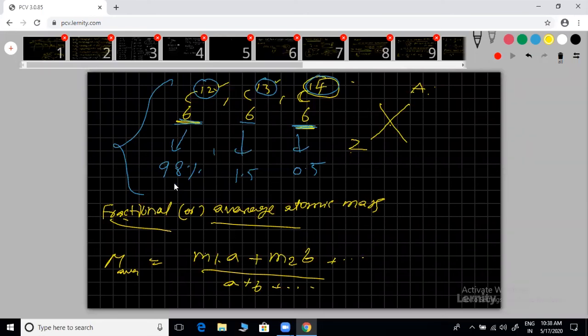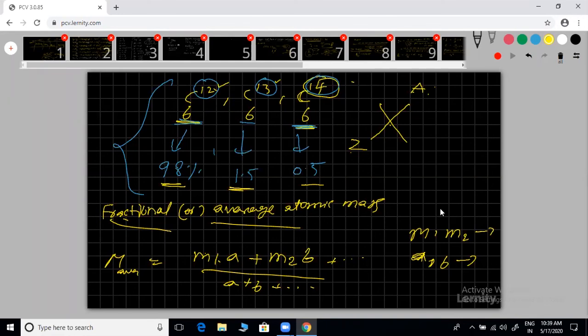A and B are the fractions, how much percentage is there. Note down: average atomic mass equals that, where M1, M2 are the atomic masses, and A, B are the fractions or percentage of abundance.